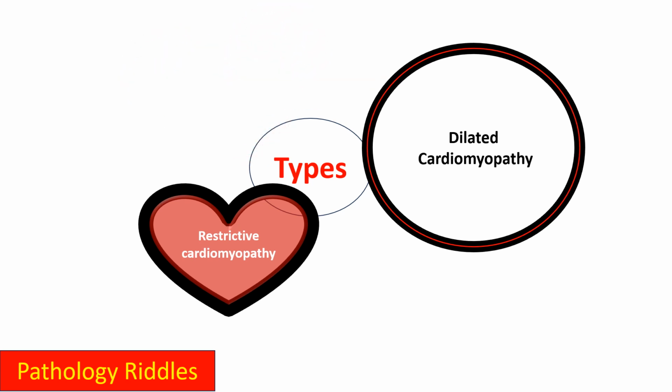The muscle mass is increased. The third form is restrictive cardiomyopathy. In this form, there is a restrictive layer that doesn't allow the heart to expand. So it is called restrictive cardiomyopathy.